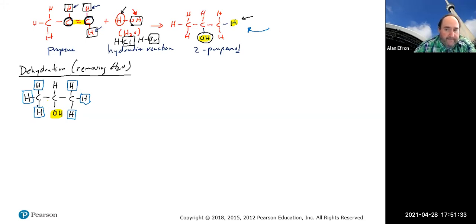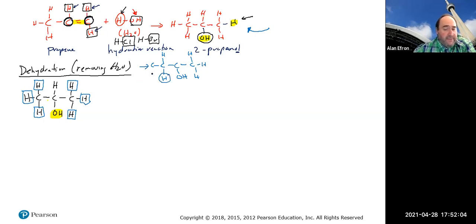Now, if there's an option, like for example, here's my OH, and say this carbon has 3 hydrogens, and the carbon over here has only, say, 2 hydrogens. What would happen in this particular case is we would take the hydrogen off of the one with the least.